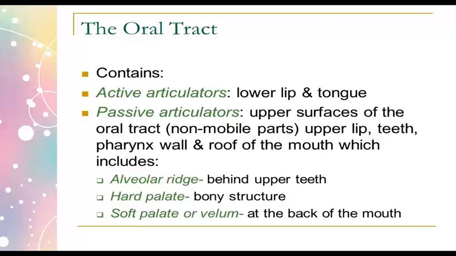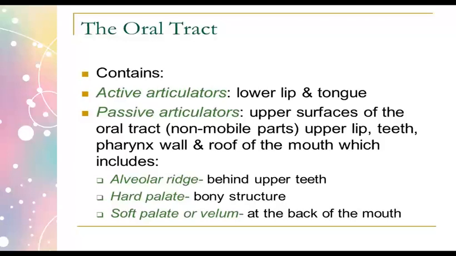What do I mean by remaining passive? They remain fixed. And the active articulators move in the direction of the passive articulators. So the active articulators, for example, the lower lip and the tongue, these articulators move. And the passive articulators, for example, upper lip, teeth, pharynx, roof of the mouth, these articulators remain fixed.